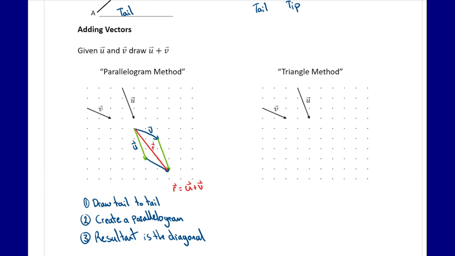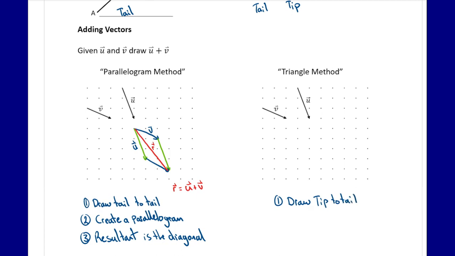Now the triangle method is something similar. This one is probably going to be more of the one that we use, but it doesn't hurt to know the different kinds. In our triangle method, our first step is to draw not tail to tail, but tip to tail.